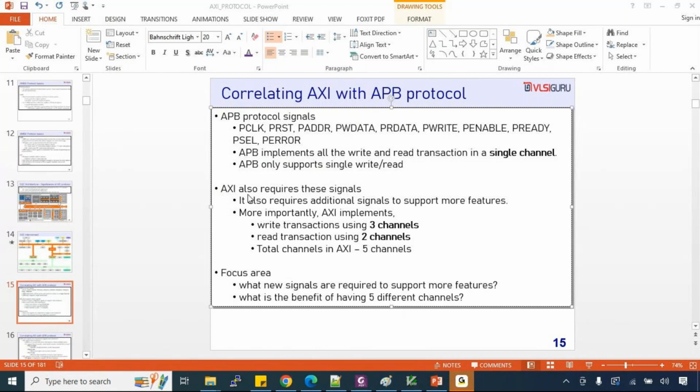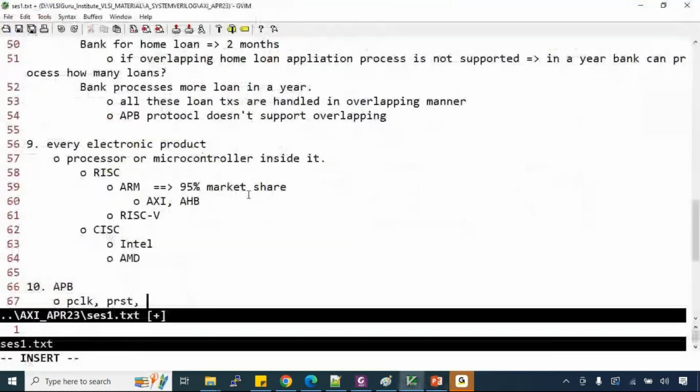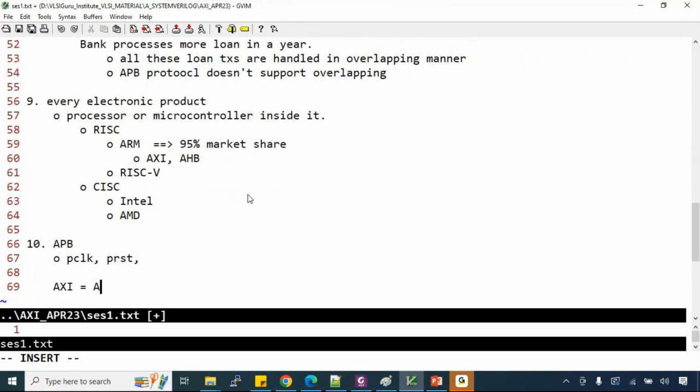Okay, so basically AXI is nothing but APB signals plus the new signals required to support advanced features.